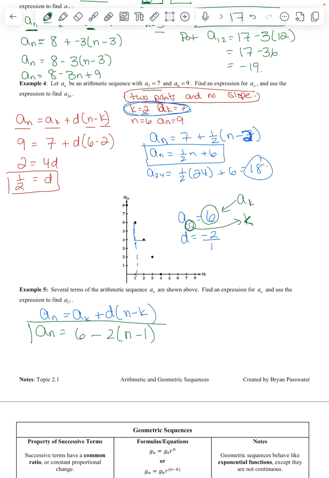And that's my expression. I can simplify it if I need to or not. From this expression, I'm going to find a of 17, which is 6 minus 2 times 17 minus 1, so 6 minus 2 times 16. 2 times 16 is 32. 6 minus 32 is -26.